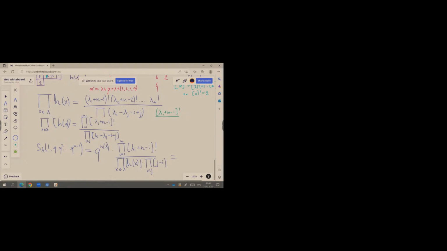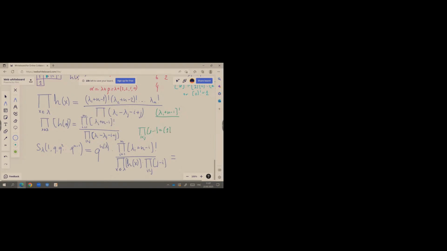so what do I have over here? This is the product of ones n minus 1 times, the product of twos n minus 2 times. Maybe let me state it differently. I'd like to say that this is j minus i.